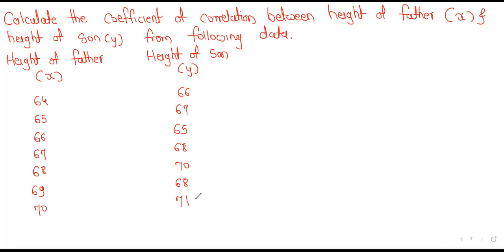We have 7 values of x and y, so n is equal to 7. Now shift, forward arrow, again forward arrow, r is equal to 3.